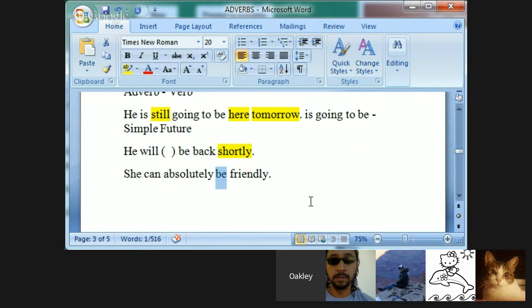Meaning, you would say this: no, really, she can. Of course she can. She can absolutely be friendly. It's possible. As opposed to she can be absolutely friendly. She can be completely friendly. The meaning slightly changes. So you've got to be careful about this. When you're placing these adverbs, do you really want it to work on the verb or the adjective?